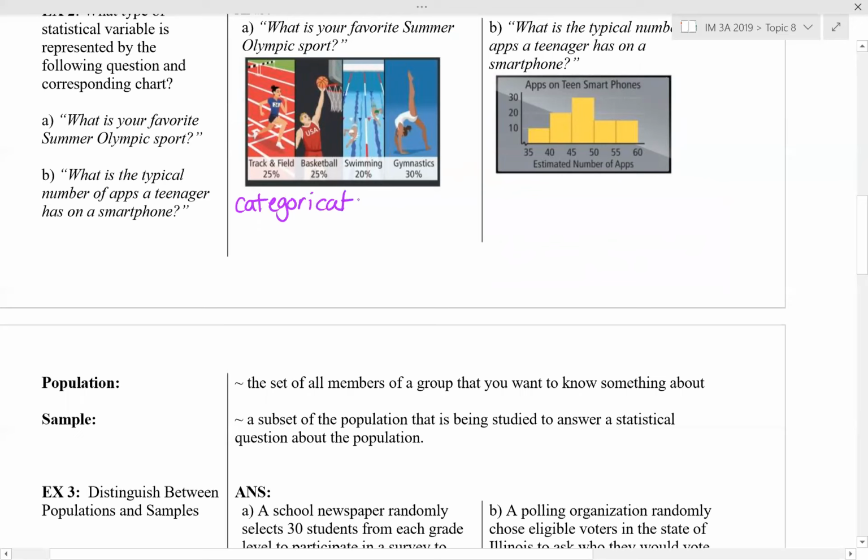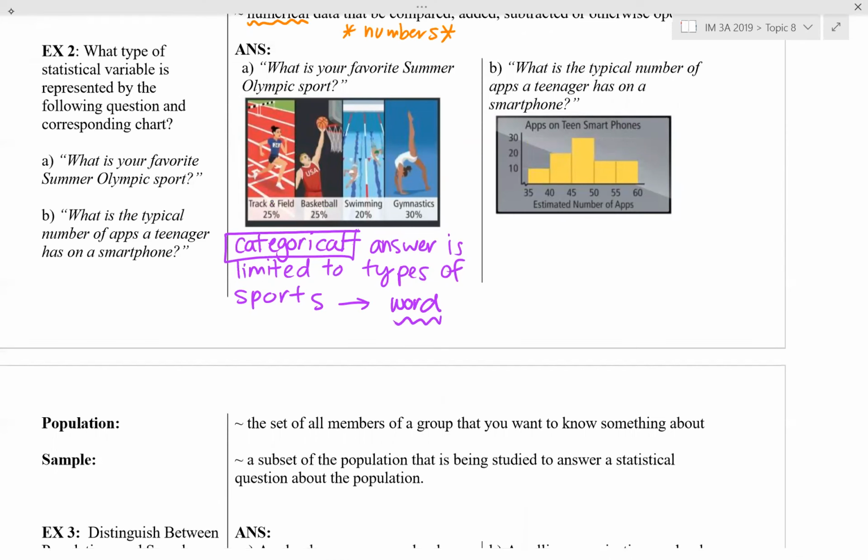And it's really just because our answer is limited to types of sports. And types of sports ultimately means it's a word. Okay, so since it's a word, this is categorical data.